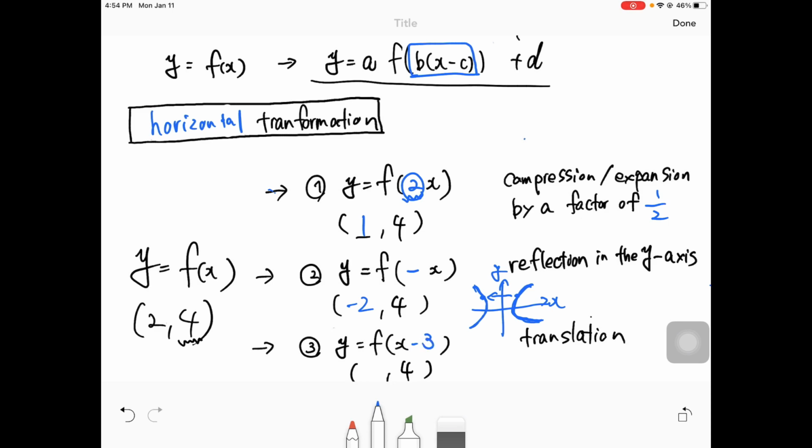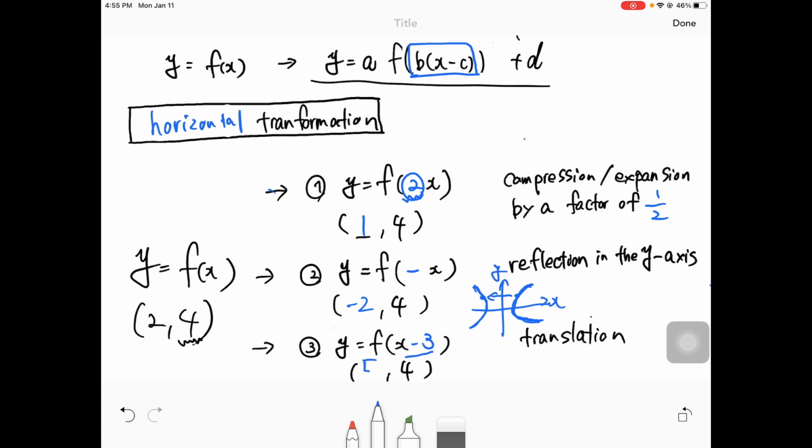The last one, if there's a value here, if you subtract or add some values, it's going to be translation. This time you have to be careful. If this value is negative, it's going to shift right, which means you plus the number here to here.